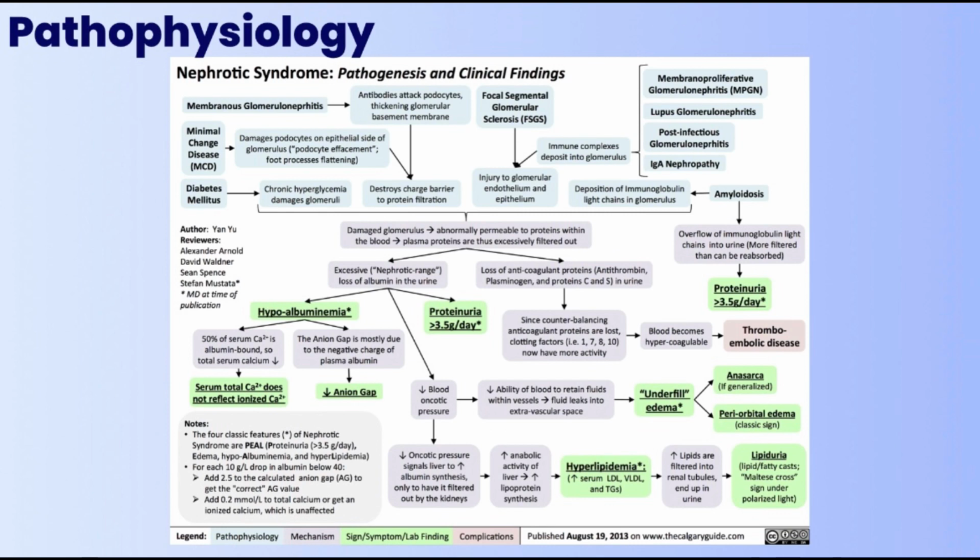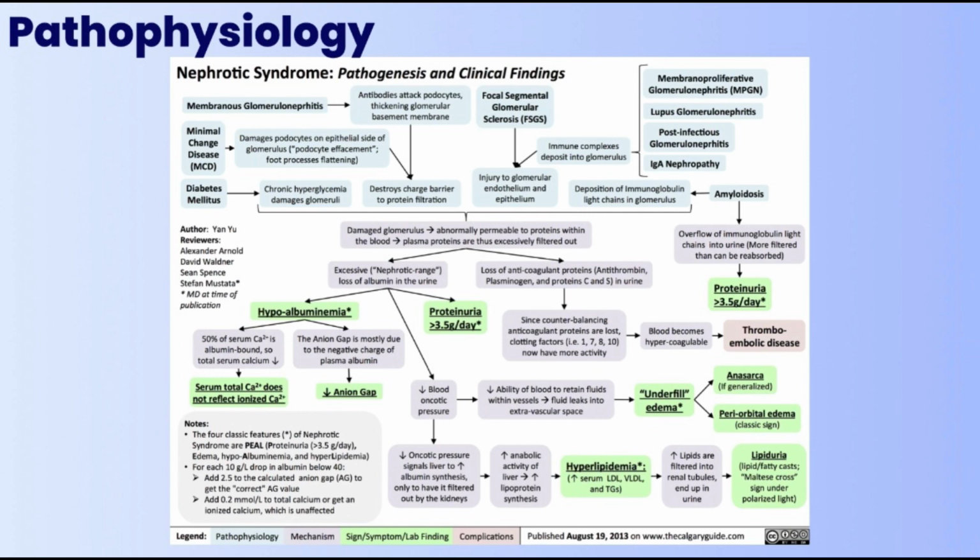Third is diabetes mellitus. The chronic hyperglycemia can damage glomeruli through complicated mechanisms. Fourth is the focal segmental glomerular sclerosis, or FSGS, which directly injures the glomerular epithelium and endothelium. Fifth is a cluster of kidney disorders, which include membranoproliferative glomerulonephritis, or MPGN, lupus glomerulonephritis, post-infectious glomerulonephritis, and immunoglobulin A nephropathy.